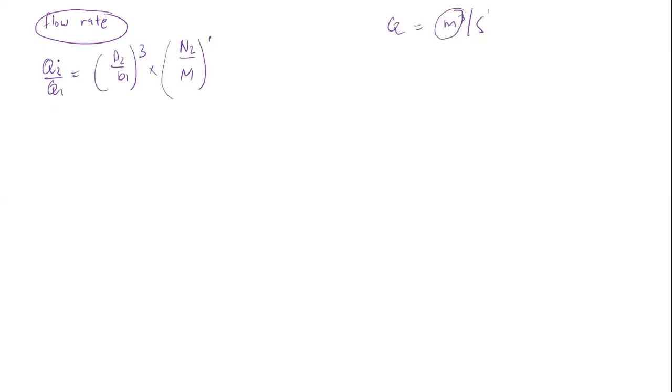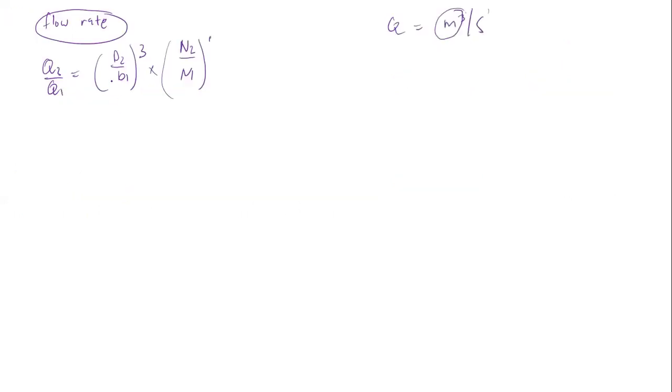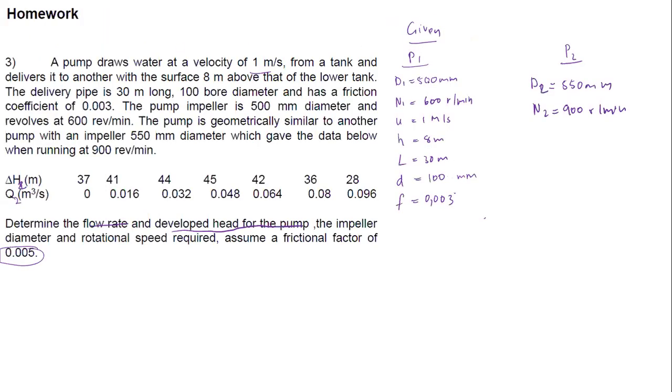Q2 is a little bit complicated because it's provided in this form. We have many values of Q2, so we're going to calculate for each. So I am going to have Q2 over Q1 equal to D2, in this case 0.55, because D2 is in millimeters and, remember, with SI units we use meters, so we divide by 1,000.